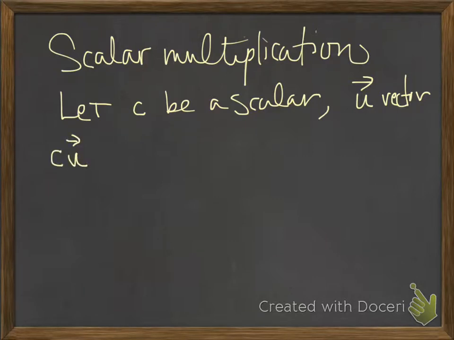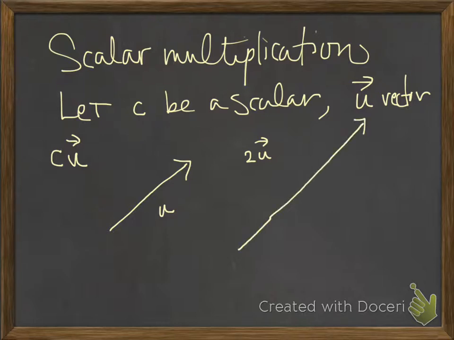Well, that just means we're going to take our vector u and scale it by a factor of c. So, for example, if this is our vector u, then 2u, so my scalar here is 2, will point in the same direction as u, but go twice as far. So that is 2u. Similarly, 1/2 u will go in the same direction as u, but be half as long as u originally.